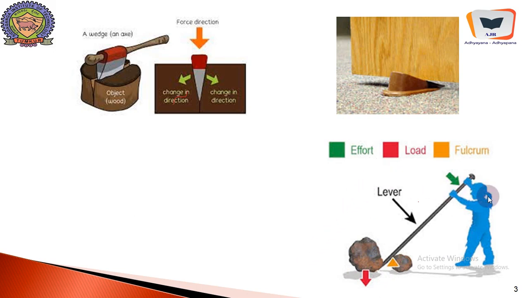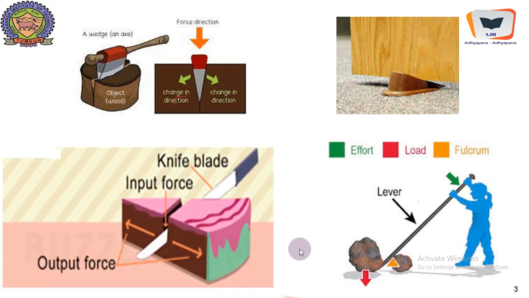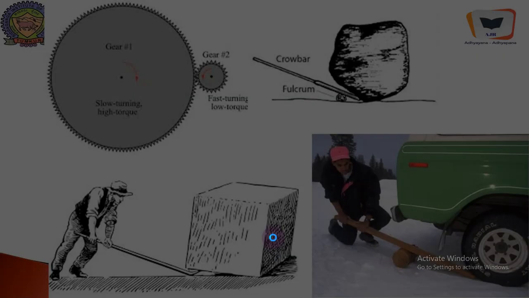There is an effort applied by this person, there is a lever, there is a load that is being lifted, and this is the fulcrum. This is another kind of wedge, and here exactly the wedge action comes into play. Here the cutting blade of the cake functions like a wedge, and the 2 portions of the cake will be apart with very little effort.